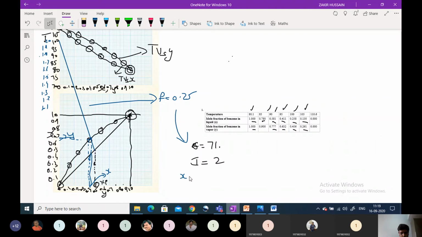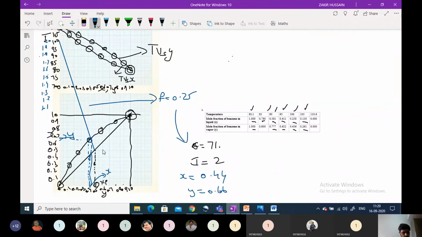I already solved this equation using the physical graph paper. So x is equal to 0.44 you will get, and y is equal to 0.66 you will get.